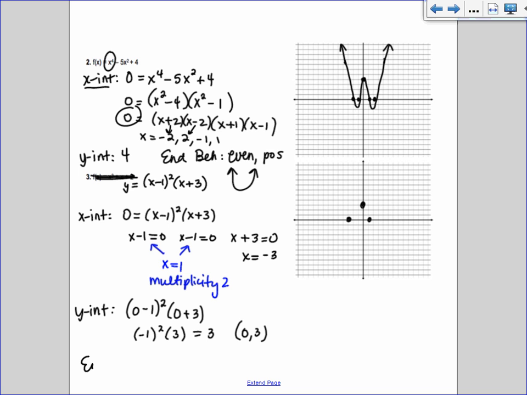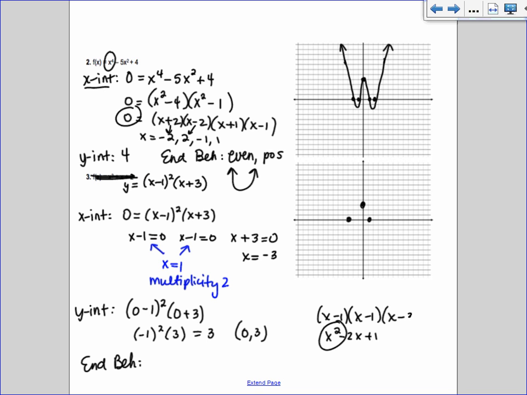Now I have my end behavior. If I multiply this all out, this is kind of the tricky part. Do you guys see it? If I have x minus 1 times itself, if I FOILed it out, I would get x squared minus 2x plus 1. It doesn't matter about FOILing it out. Just think about the very first term, x squared.